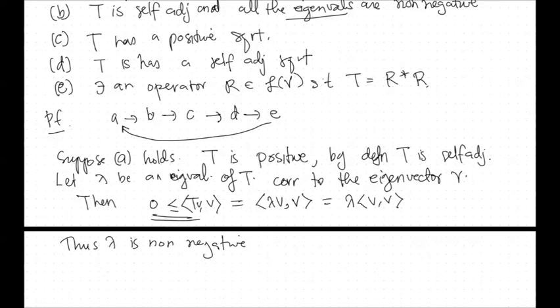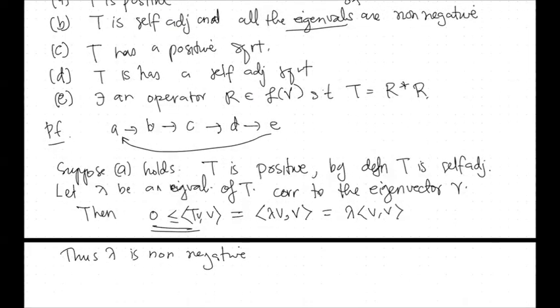So that implies, okay, now that T is self-adjoint, the eigenvalues are non-negative, which is what we want to show, letter B.